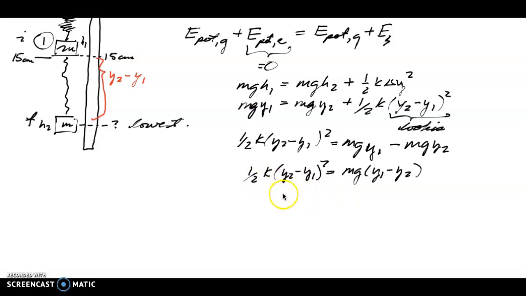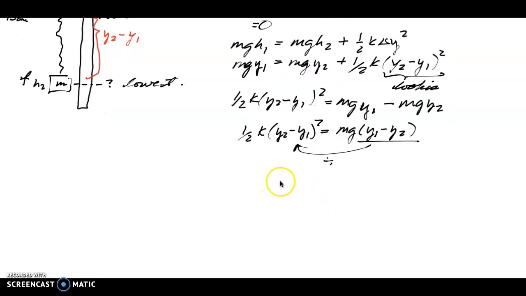So then what you can do is solve for just this. I'm going to put this over onto this side, so I divide both sides by that. So then I'm going to have (y2 minus y1) squared divided by (y1 minus y2). That's just going to be mg times k over, 2mg over k.